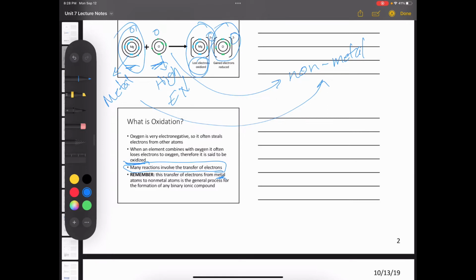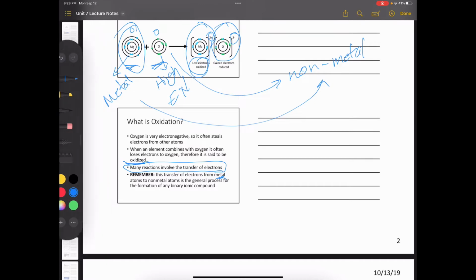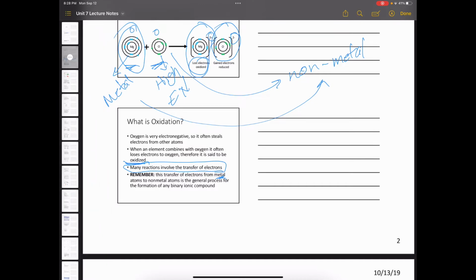With a binary ionic compound, you have one element, which is the metal, and the non-metal, and the non-metal normally takes the electron from the metal. So oxidation-reduction is not really a brand new concept. We looked at it before in binary ionic compounds. It's just that we did not call it as such.